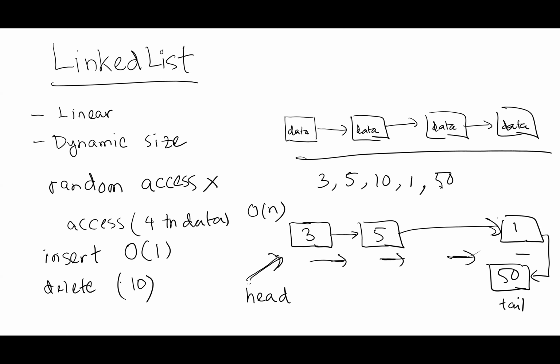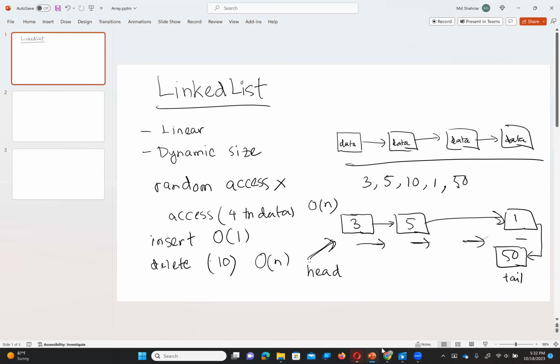Creation of link is not challenging. It can be done in constant time, but the thing is, before deletion, I have to search for the data. That itself takes order of n. So deletion also becomes order of n. So more or less, that's the primary idea about linked list.